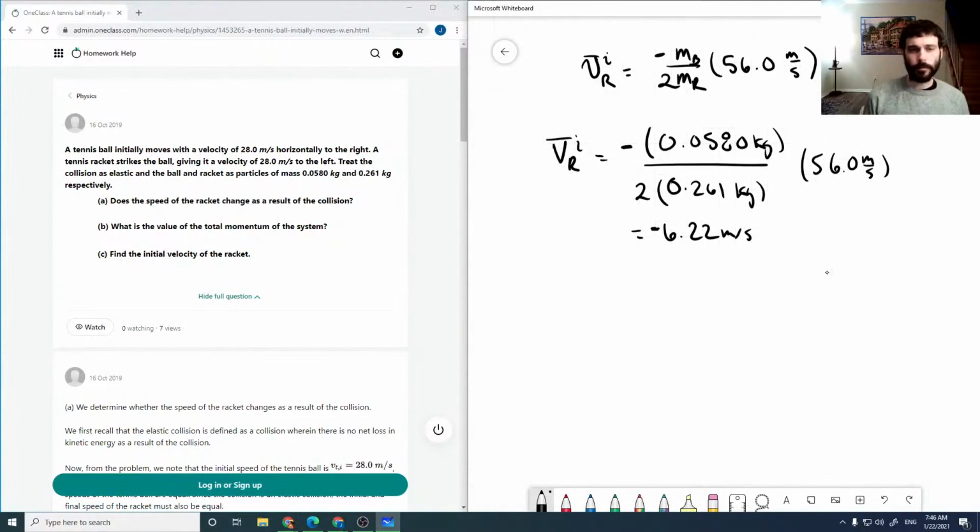And so then the total momentum is just one of the two, either initial or final. So we can use the initial. So it'll be mass of ball, V ball initial, plus mass of racket, V racket initial. I'll put these where I had them before.